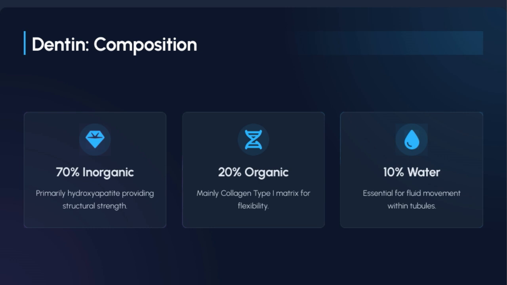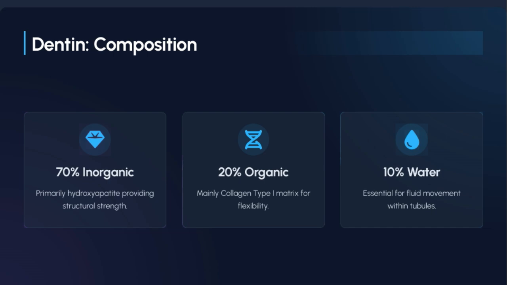This collagen provides the dentin with the necessary flexibility and resilience, allowing it to withstand various forces without cracking. Then, about 20% of dentin is organic material, primarily hydroxyapatite. This mineral gives the tissue its structural strength and rigidity, supporting the overall framework of the tooth.